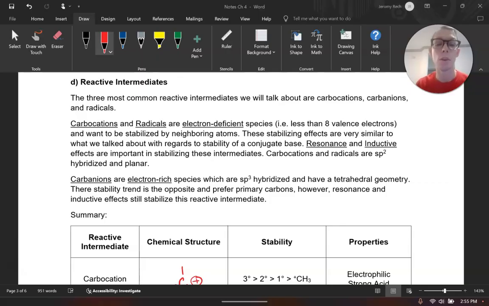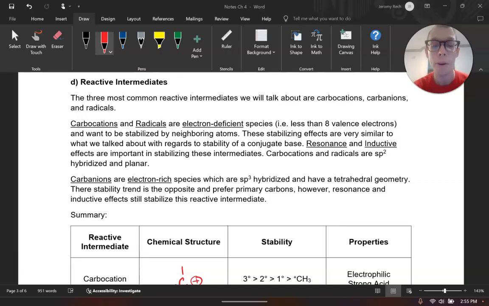They want to undergo a reaction in order to gain those extra electrons to have a full octet. Now, there are ways that we can stabilize an electron deficient species, and these are super similar to ways in which we talked about stabilizing, for example, a conjugate base way back in chapter 2. Resonance and the inductive effect are 2 of them.